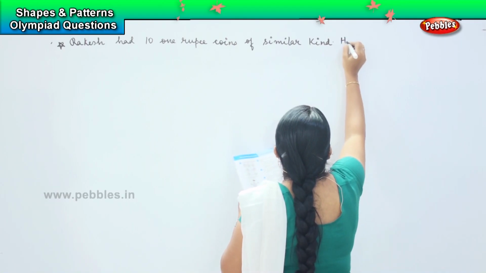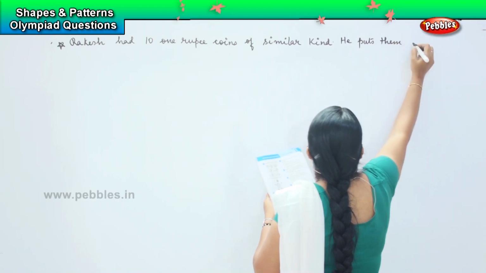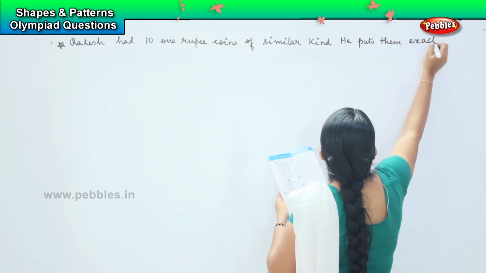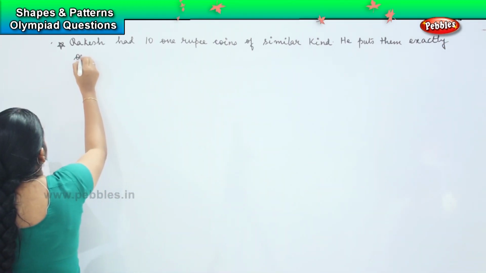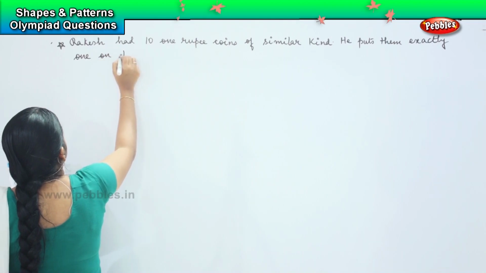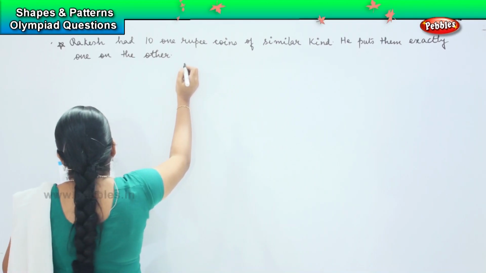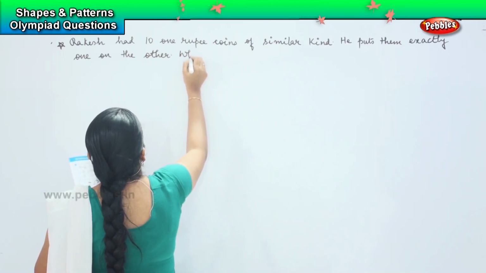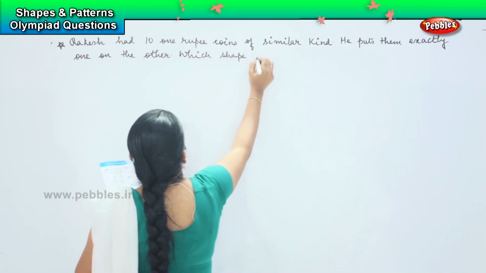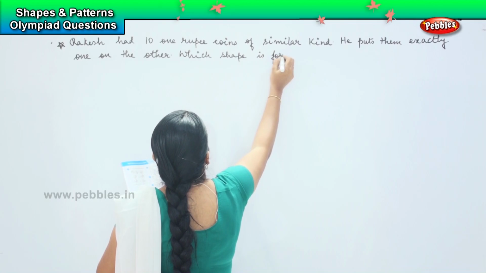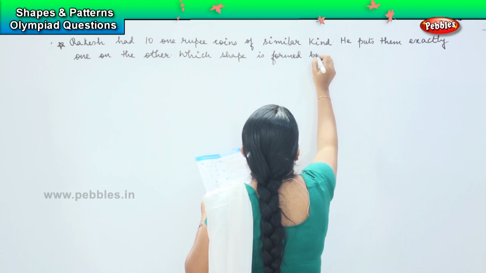He puts them exactly one on the another. Which shape is formed by such an arrangement?